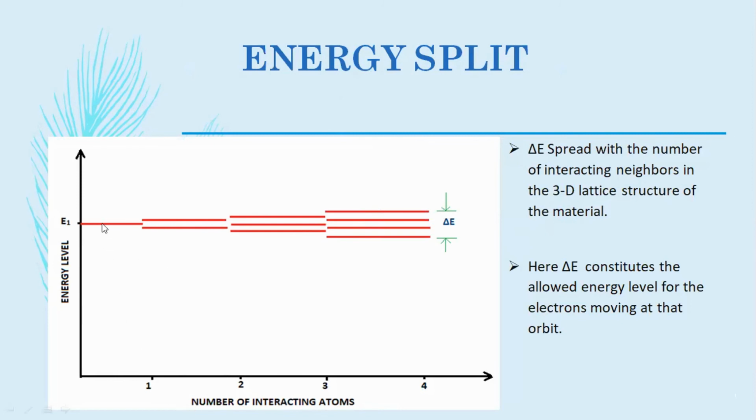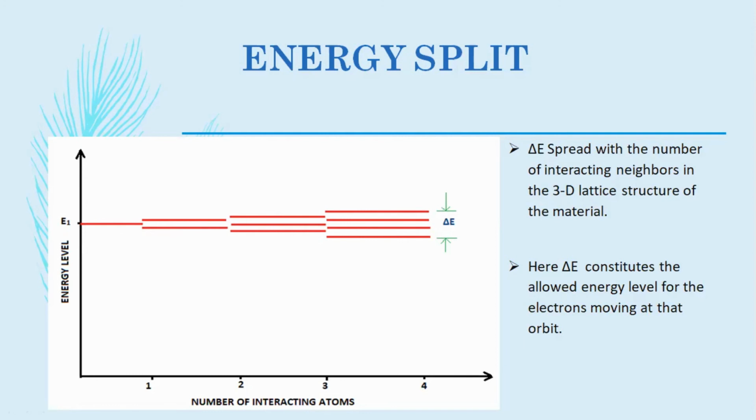If you have one interacting atom, then it is an explicit energy level, and if the number of interacting neighboring atoms increases, your energy level will get split, and ultimately you have ΔE, which is the energy band.